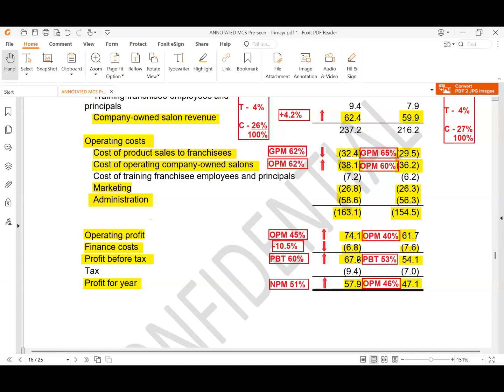So a drop in interest costs would be relevant if you've got less debt, okay? In terms of PBT and indeed net profit margin, again, solid, no issues at all. So on this first page, nothing to report except let's get our tails under one or two of the percentages. Let's learn them off, okay?